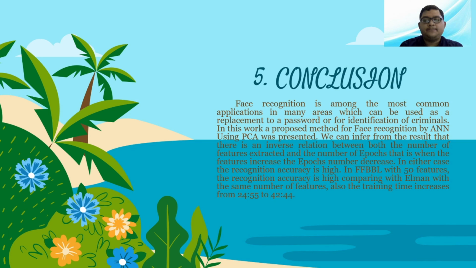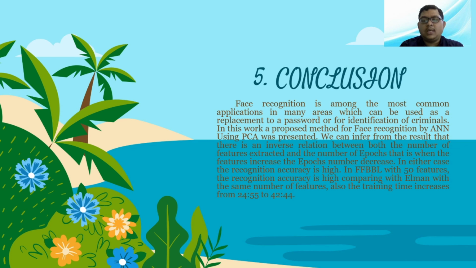5. Conclusion. Face recognition is among the most common applications in many areas and can be used as a replacement for passwords and for the identification of criminals. In this work, a proposed method for face recognition by neural networks using PCA was presented. We can infer from the results that there is an inverse relation between the number of features extracted and the number of epochs.